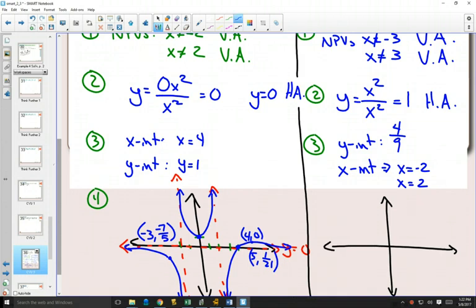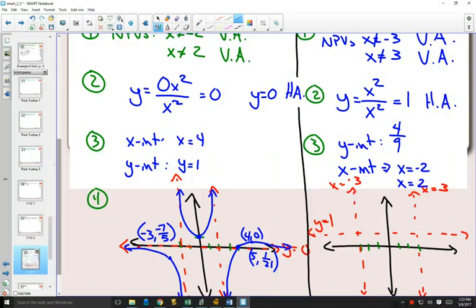So we have 2 vertical asymptotes. One at positive 3, one at negative 3. We have a horizontal asymptote at y equals 1.